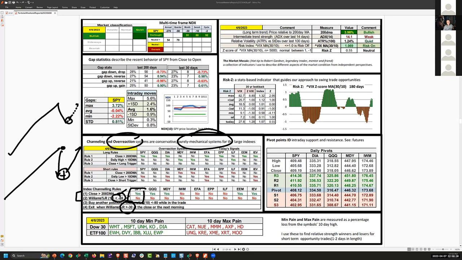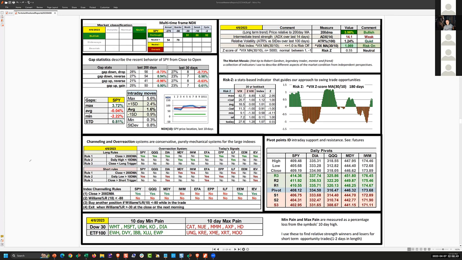That's what we call the overreaction system. I'm not going to cover those any further, except to say that they are high reliability systems, like anywhere from 0.65 to 0.8 in a given year for the successful trades. So I always look to see what the big broad indexes are doing mechanically.